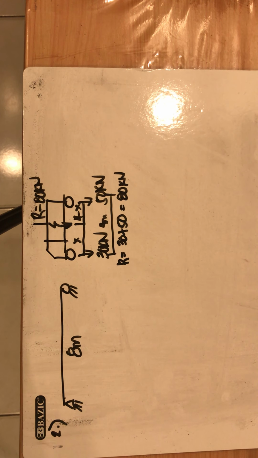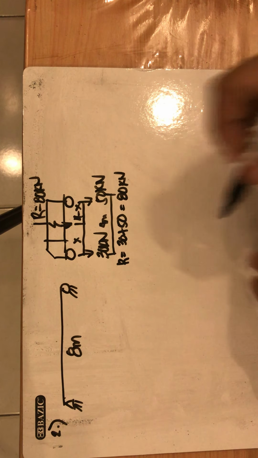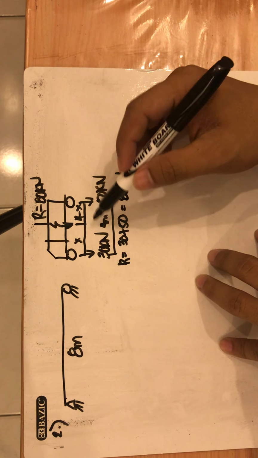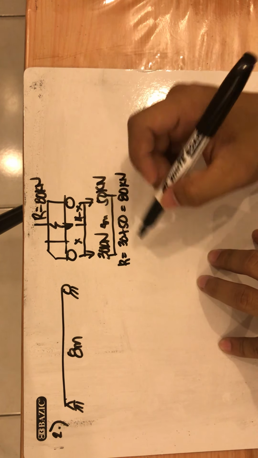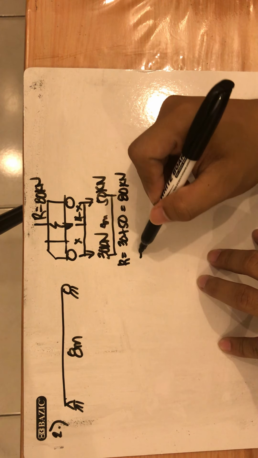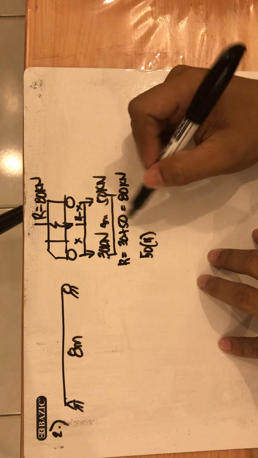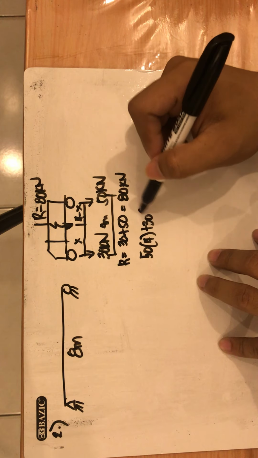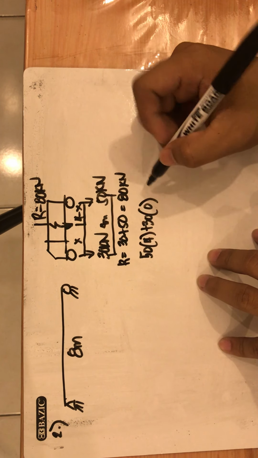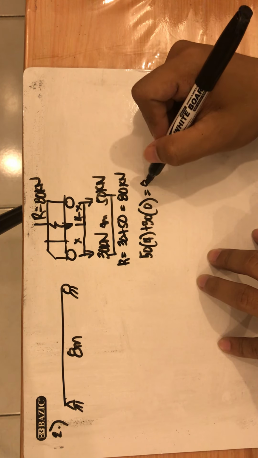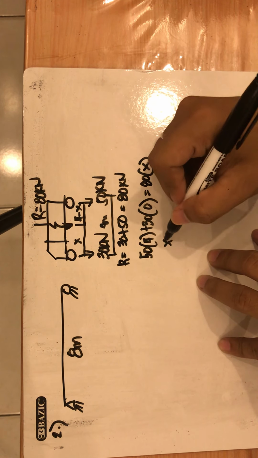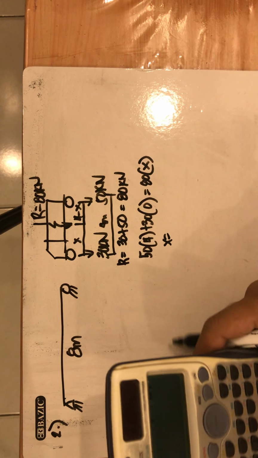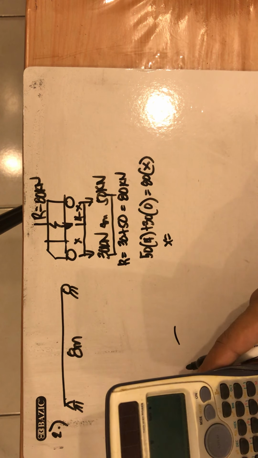Then next, using Varignon's theorem, we determine the distance X. The 50, we move it here to the front. So, 50 times 4, then 30 times 0, since the 30 is already there, equivalent to resultant 80 times X. So, what is the value of X? 50 times 4 divided by 80.